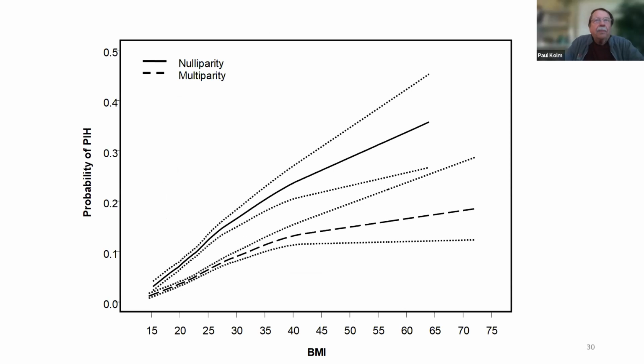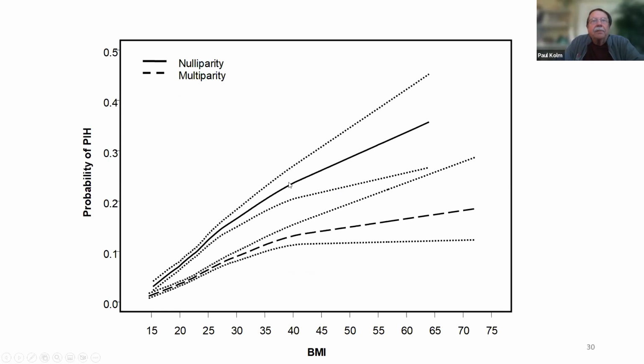And so as an example here, taking the parity categories and plotting those two categories with the probability of pregnancy-induced hypertension against BMI, we can see the nonlinear effect of BMI. For both groups, it appears to be pretty linear up to a BMI of probably about 40.